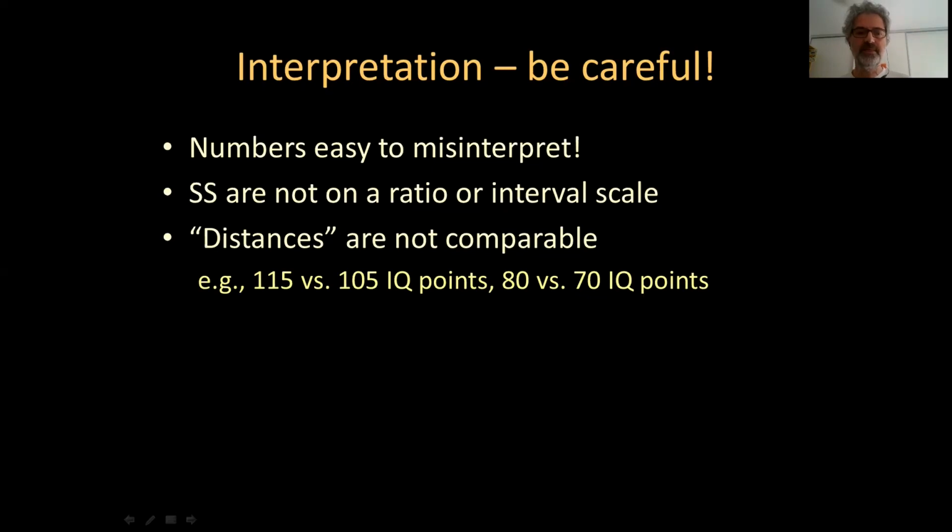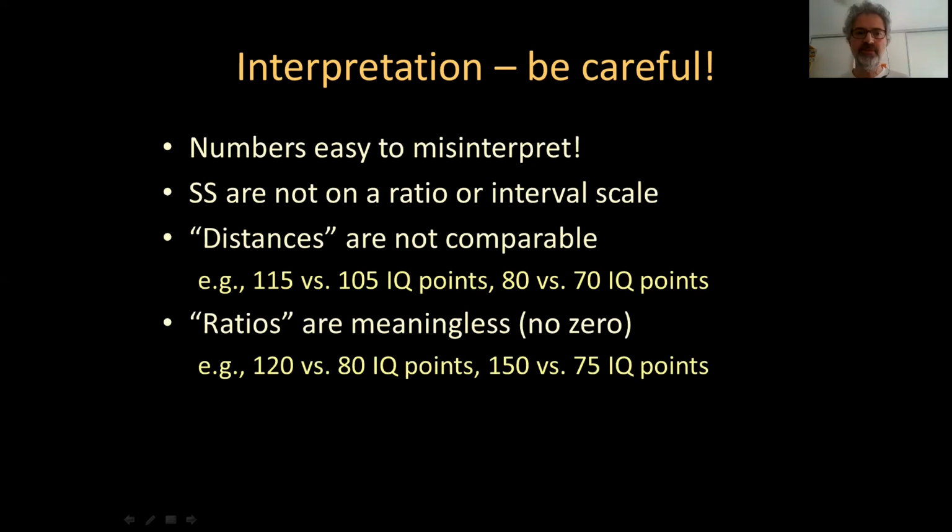The difference between two people who have 115 and 105 IQ scaled scores, and the difference between two people who have 80 and 70, is not comparable. They both look like 10-point differences. They are 10-point differences, but that doesn't mean they're equal differences. There is nothing that can be said about comparing these differences because these numbers aren't on a scale that has distances.